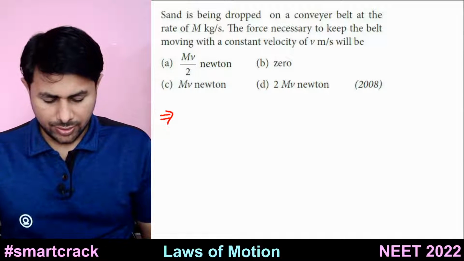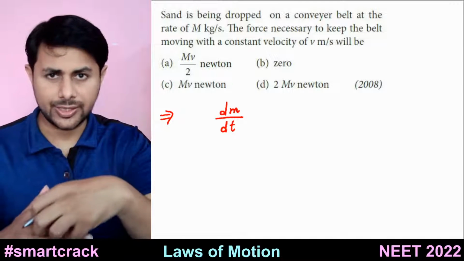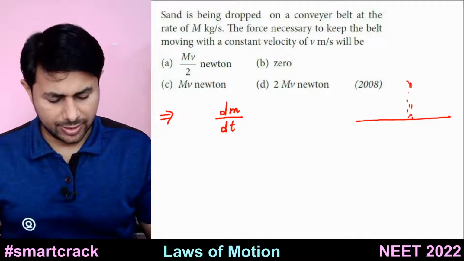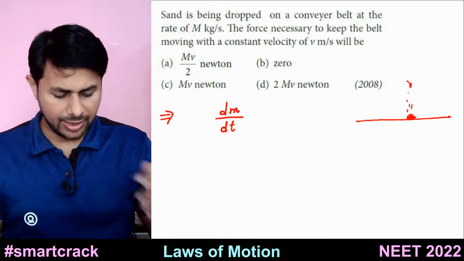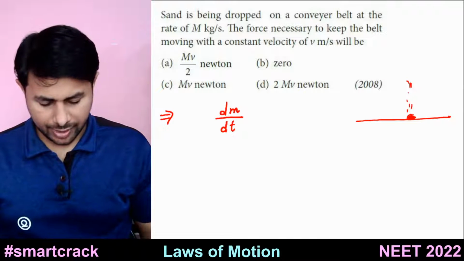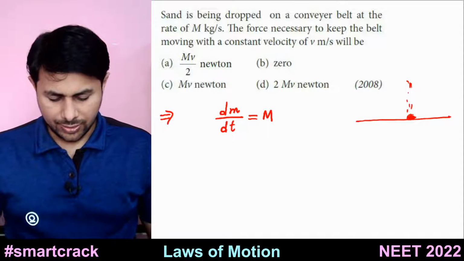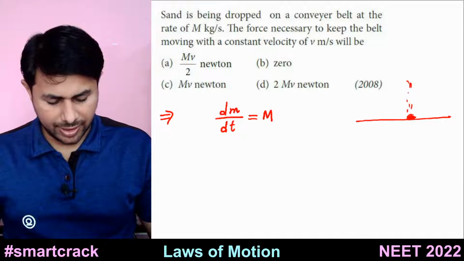Okay, so change in mass we can say with respect to time. Okay, the mass that is being deposited on this belt, so sand is being dropped on this belt, so the net mass which is being deposited on the belt with respect to time is how much? It is given to be m. Okay, so now there will be some mass of this conveyor belt.